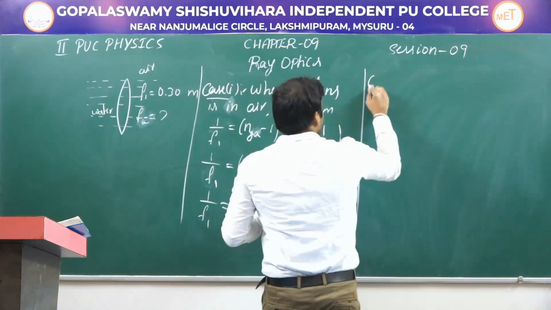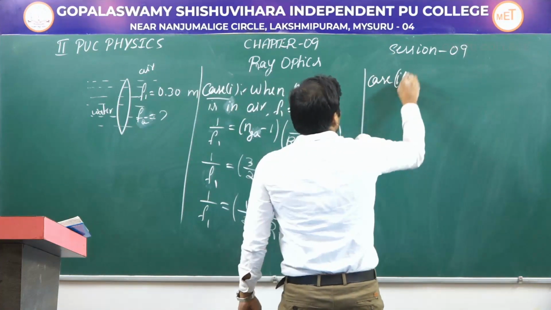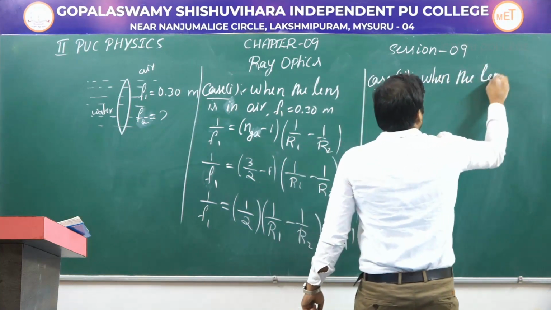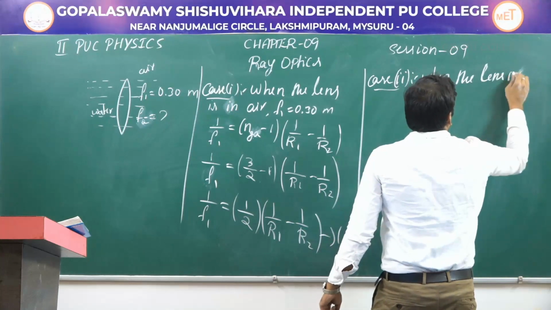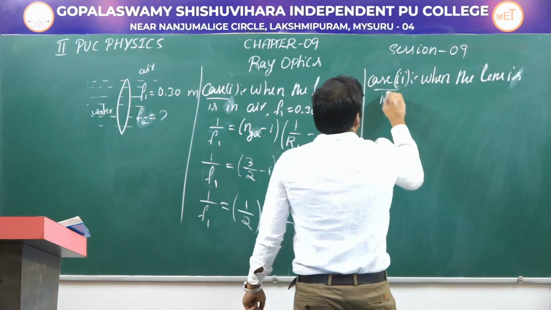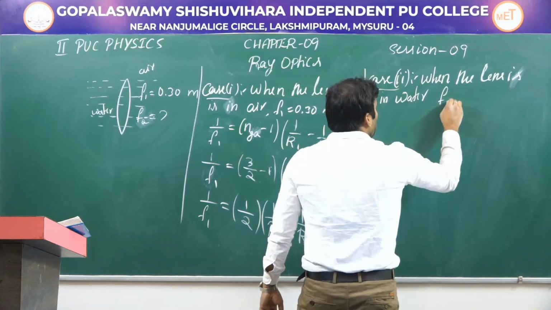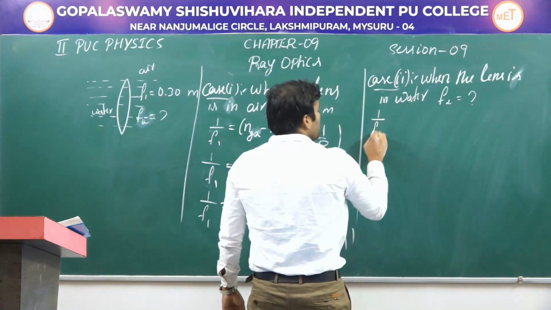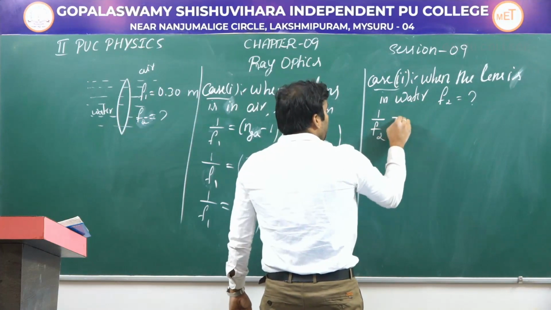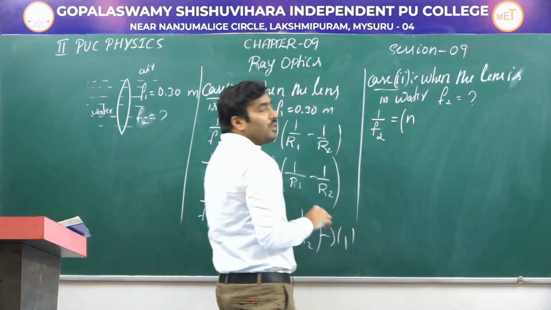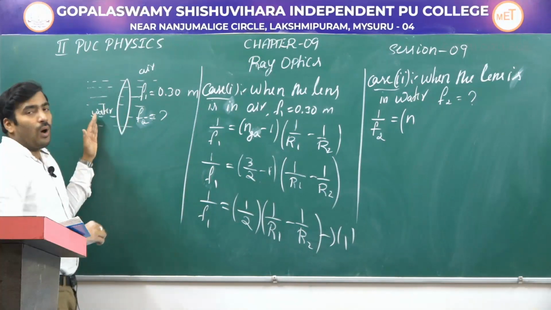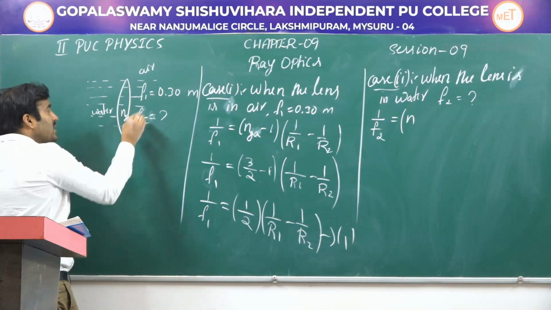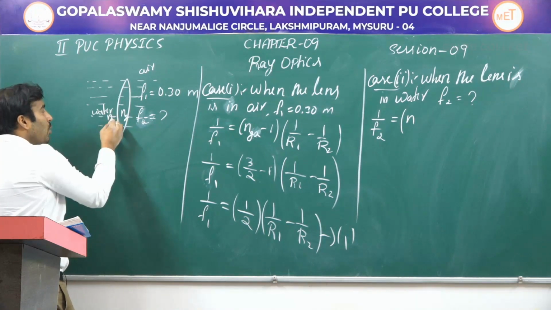Next, the second case. In the second case, when the lens is in water, the new focal length is equal to f2. So we need to find this f2. Let us use the same formula. Now the lens is placed in water, therefore the refractive index is the refractive index of glass with respect to water.